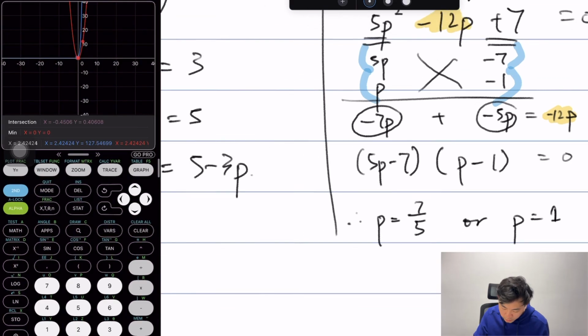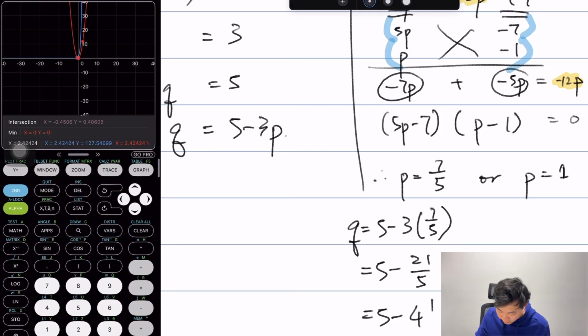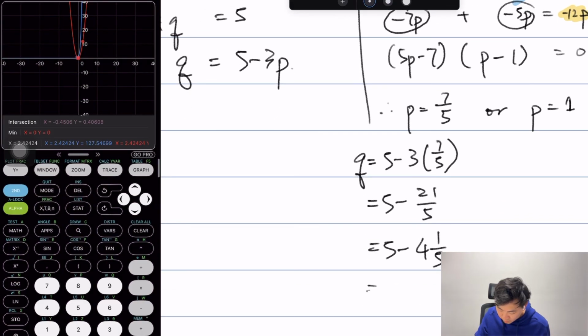Correspondingly, q is equal to 5 minus 3 times 7 over 5. Which is 5 minus 21 over 5, which is 5 minus 4 and 1 over 5. That's going to be 4 over 5.